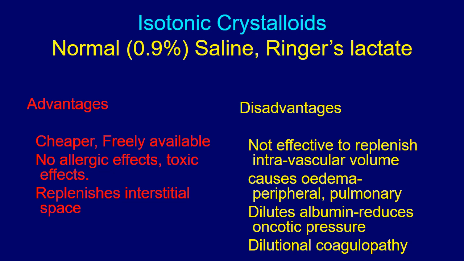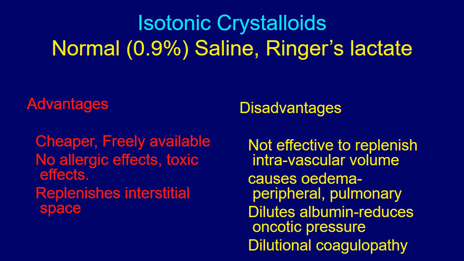Okay, further discussions about isotonic crystalloids. As I mentioned earlier, examples are normal saline or 0.9% saline and Ringer's lactate or Hartmann solutions. So, what are the special advantages of isotonic crystalloids? One thing is they are quite cheap and freely available.